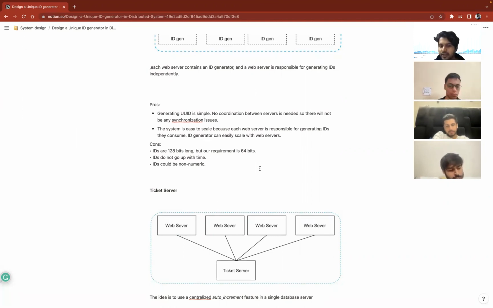There is no information embedded in that identifier. Alphanumeric I don't think is that big a con if you are able to abstract out the information. But for me, the second one, that it doesn't scale in terms of time, was the rate limiter. So there are limitations to the UID system. Fair enough. Any questions on UID till now?